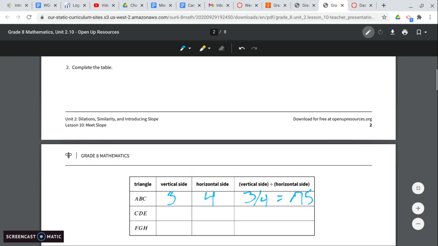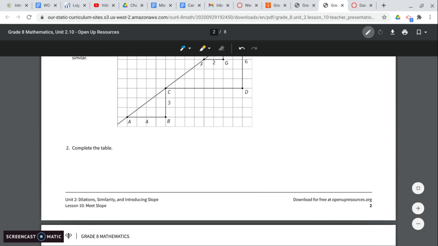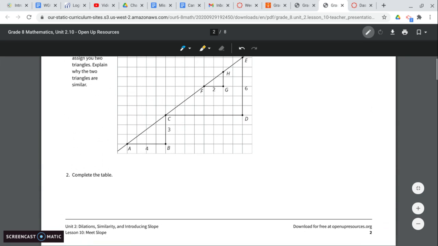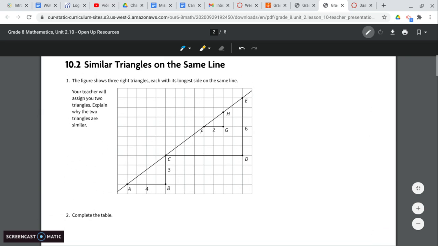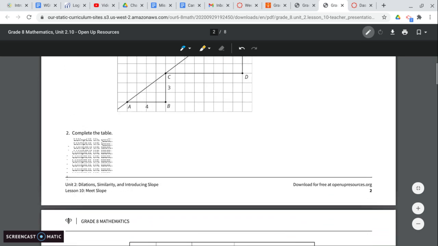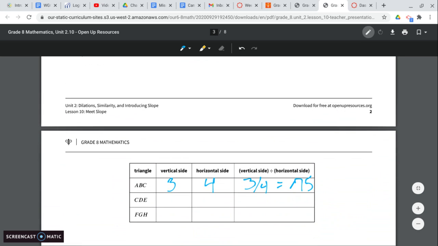All right, so let's look at CDE. We want its vertical side, which is 6, as well as its horizontal side, which is 1, 2, 3, 4, 5, 6, 7, 8. Which is 8. So 6 was our vertical side, 8 was our horizontal side. 6 divided by 8 is also 0.75.